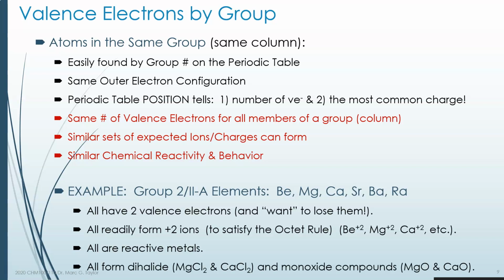They all react in very similar ways with other elements. They all form dihalides. In other words, they react with 2 from the halogens. So you might find magnesium chloride has 2 chlorines. Calcium chloride has 2 chlorines. Calcium fluoride has 2 fluorines. Magnesium fluoride has 2 fluorines. They react in the same way with the same ratios. They also all form monooxide compounds. In other words, they react with a single oxygen.